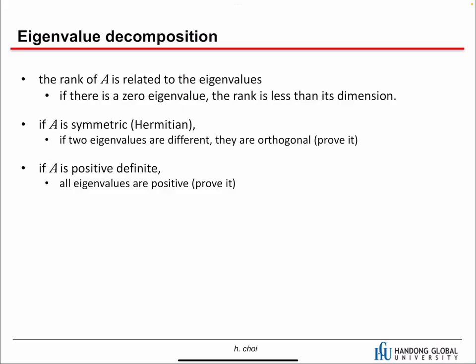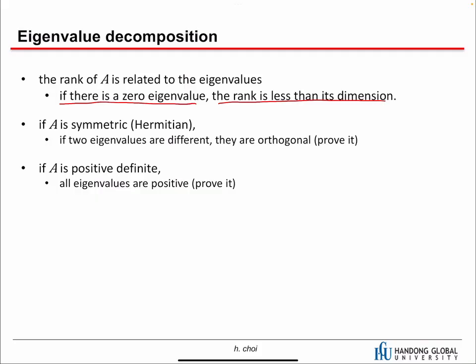Especially in neural networks and deep learning, the transformation is based on a matrix, and they can say this transformation is full rank. It means there is no zero eigenvalue, because if there is a zero eigenvalue, then the rank is less than its dimension. You might see this a lot when you read papers.